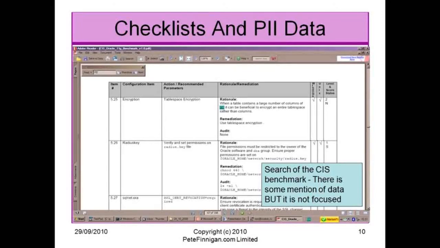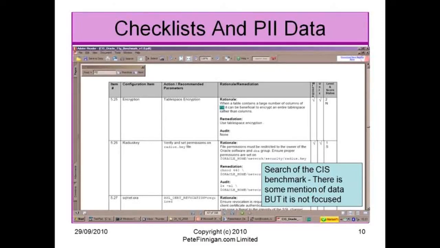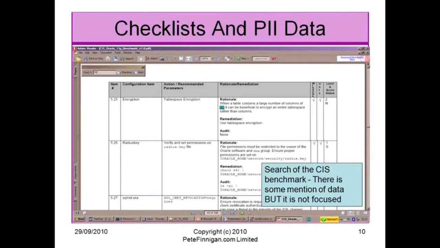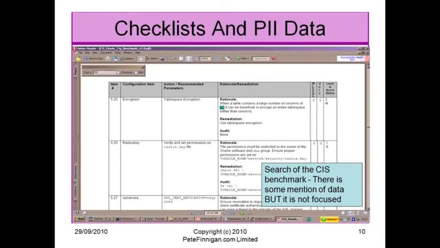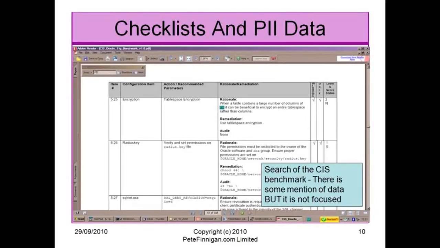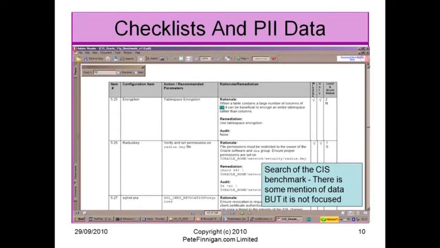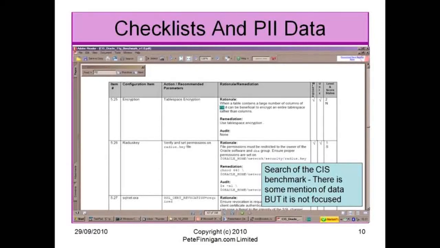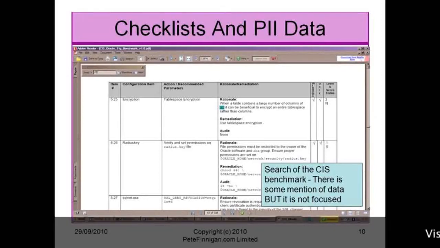So imagine I've got a database with some personally identifiable information in it. I'm in the UK, so by law I'm obliged to conform to the Data Protection Act. I'm not supposed to let your data be given out to other people. What we're getting in the document is that the solution is encryption.